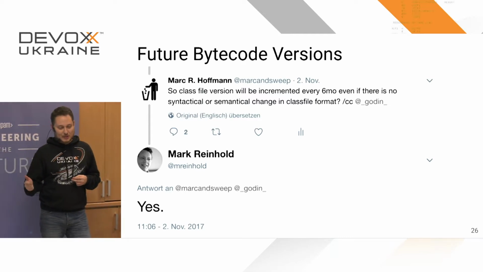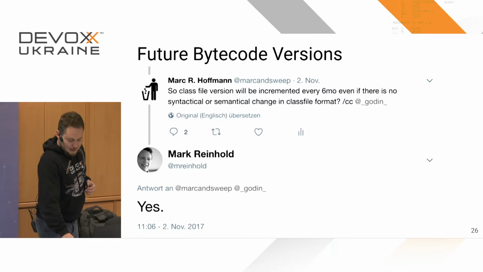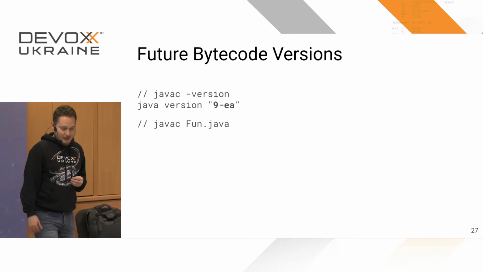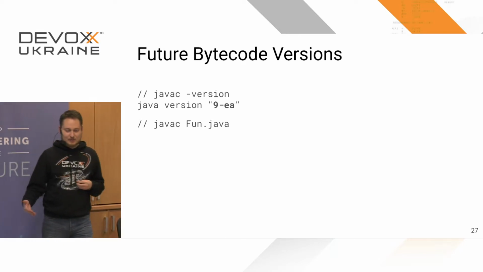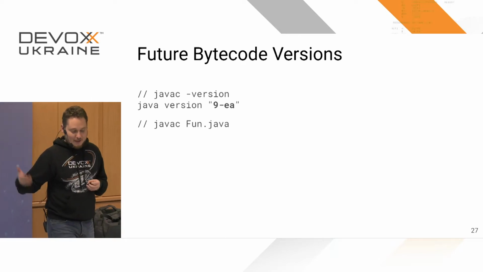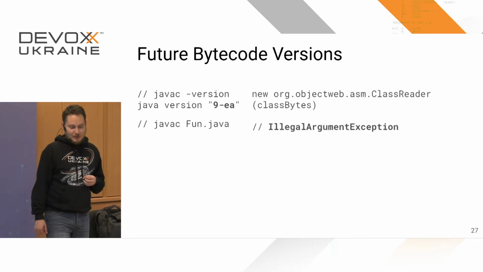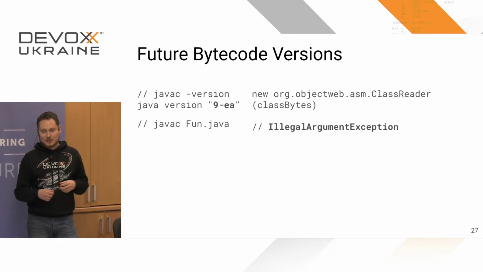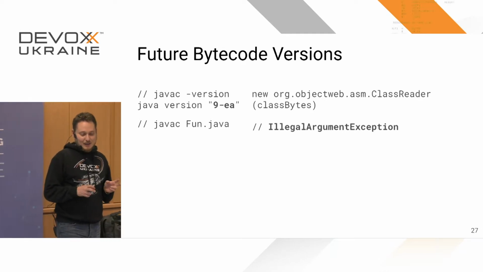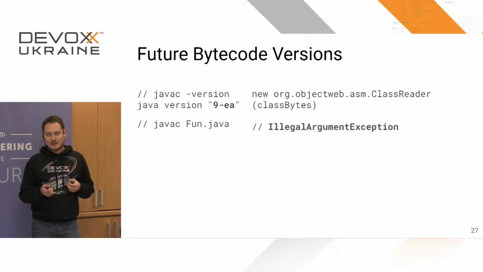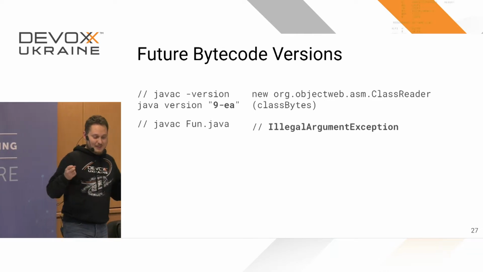12 increment, 13 increment. This imposes a little problem, because if you take a new early access build of Java, like for example 9 when it wasn't released, if you compile it and try to read it using a bytecode manipulation library such as ASM, you will get an illegal argument exception, because this library simply could not read this version.